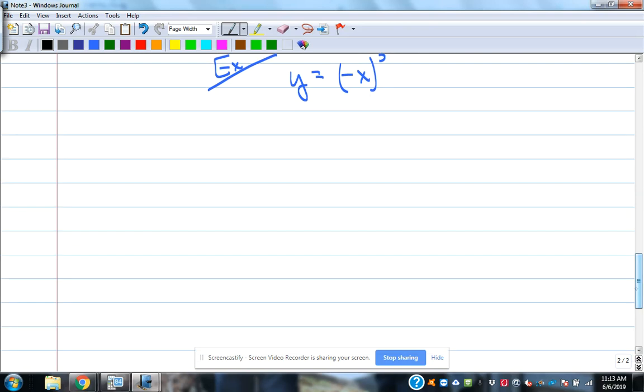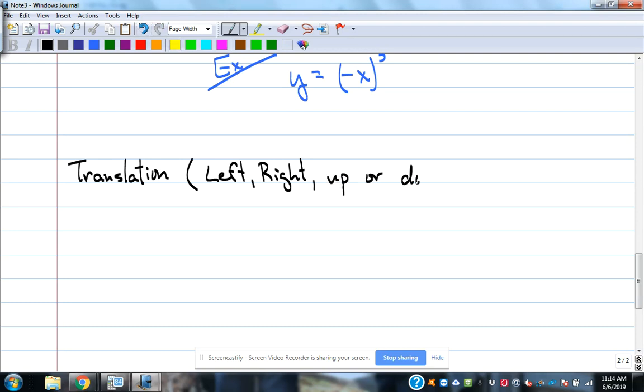The next type of transformation that we could have is called a translation. Translation just means left, right, up, or down.